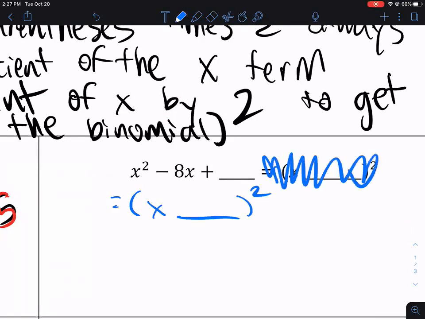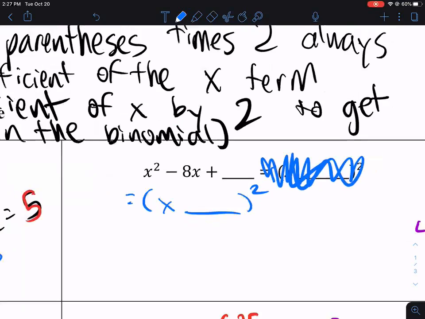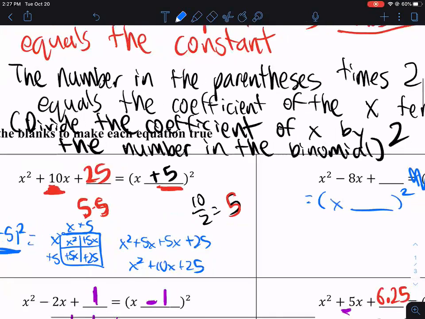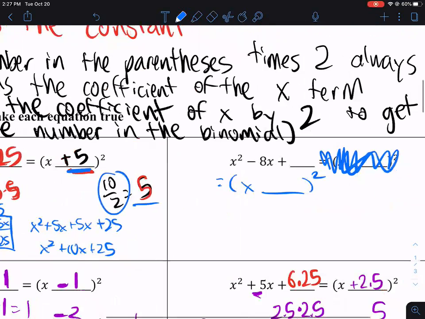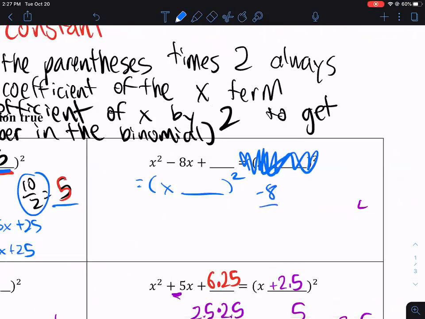So the pattern our classmates told us was you take the coefficient of the x and you divide it by 2 to get that number in the binomial, right? So for this problem, we did -8 divided by 2 is -4, and that's how we know a -4 goes in here.